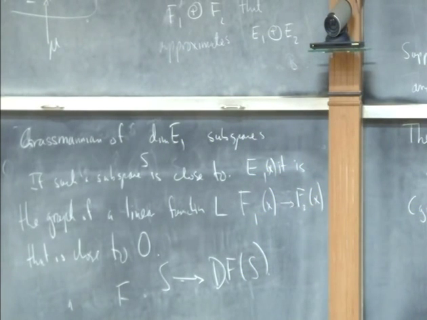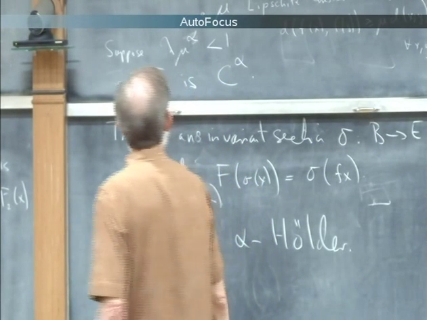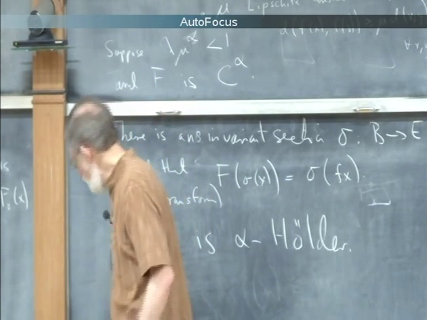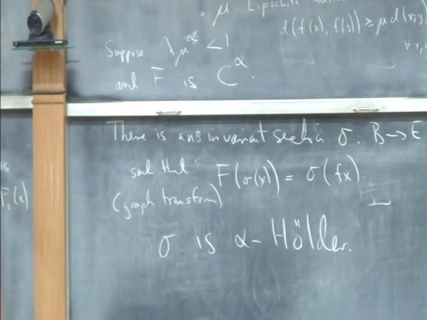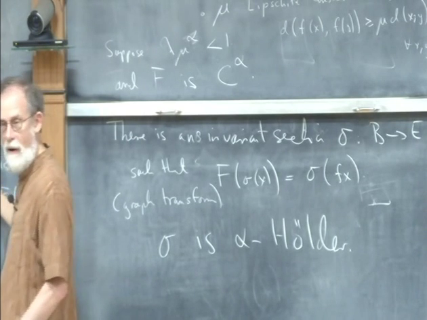Okay, so sorry, why is that capital F contracting on all subspaces if it's close to E1? Well, because my fiber bundle is going to consist of only a neighbourhood of the invariant section.